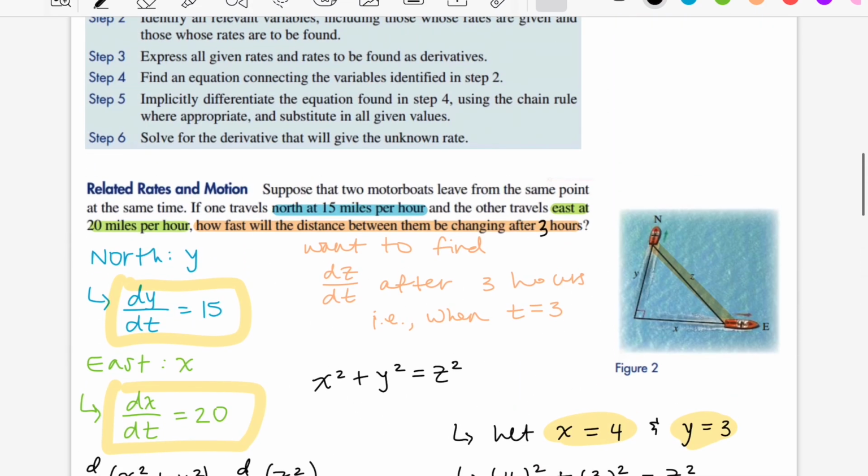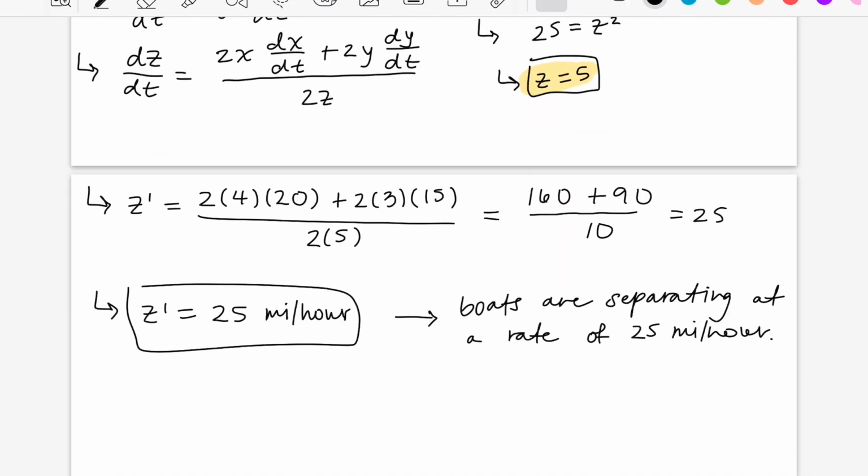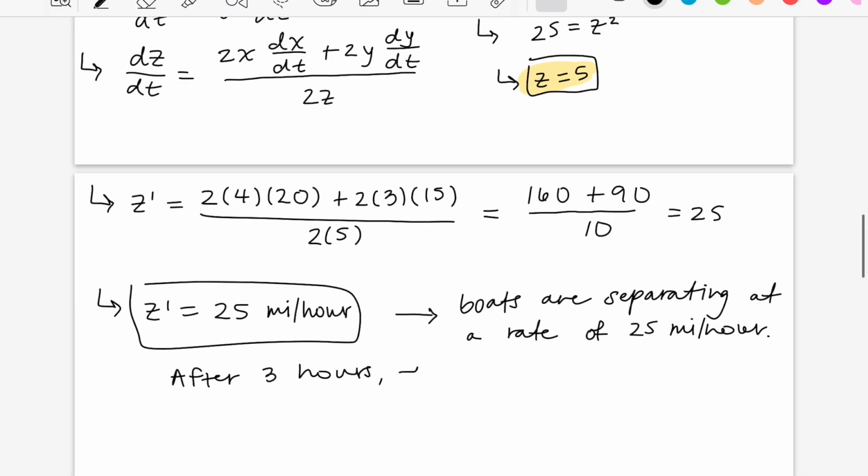And the second part of our question is we want to find the rate that this distance will be when t is equal to 3. So what we can do is plug this in for z prime. So after 3 hours, the boats will be, we know that the distance is changing at a rate of 25 miles per hour.